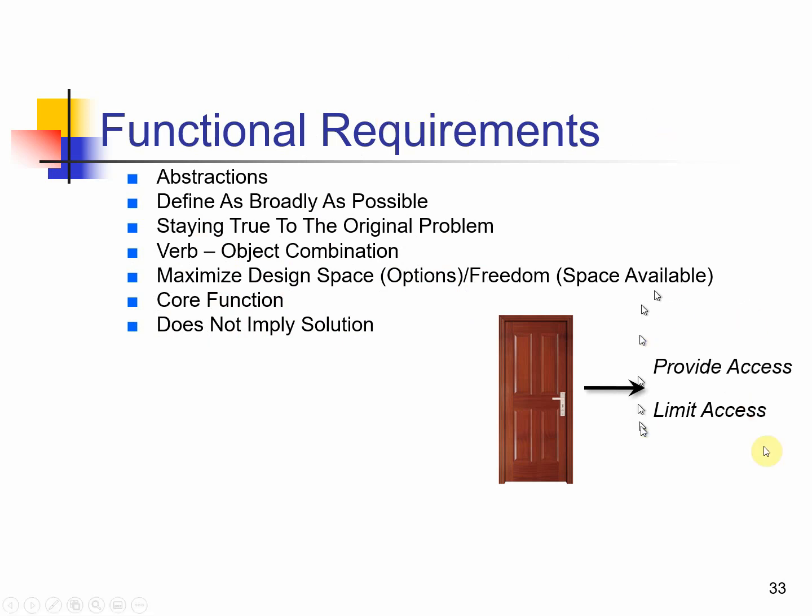So here's functional requirements of a door. It doesn't say it has to have a latch or a lock or hinges or anything like that. I mean, provides access, limits access. You know, a zippered piece of cloth would work like you see on a tent. We don't have doors on tents, but we still have zippered things that we open the flap and go in and close the flap. So it does its job.